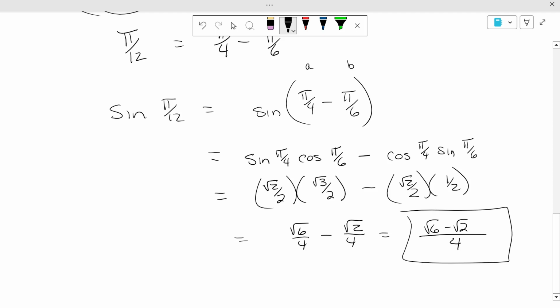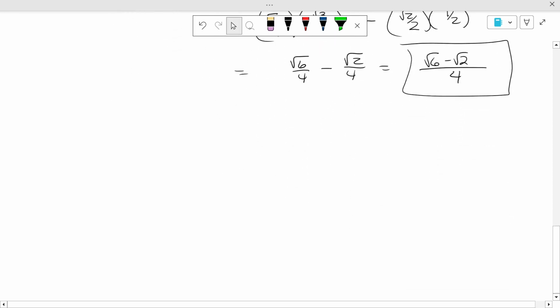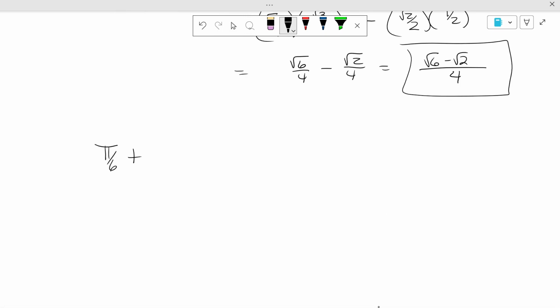Okay, so what we're going to first do today is we're going to take like pi over 6 plus 3 pi over 4, and we're going to add those together. How do we add those together? Common denominator. Between 4 and 6, what's the common denominator? 12.